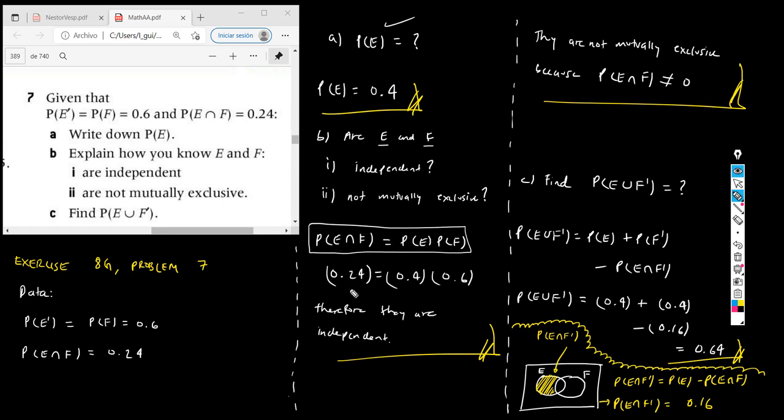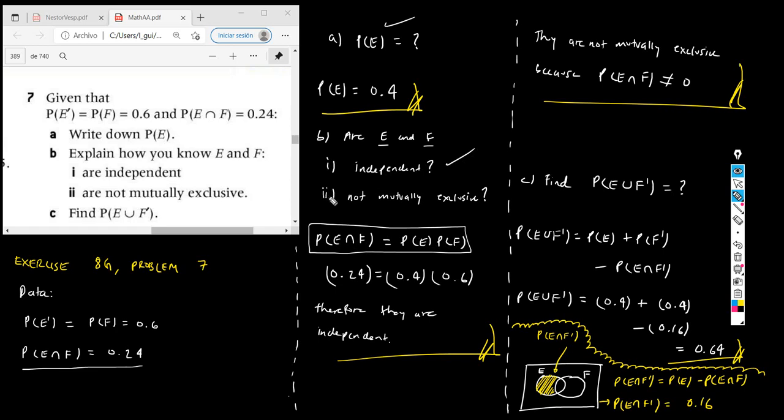The probability of the intersection is 0.24 as specified right here. And then the probability of E, we just found it. The probability of F is given here. And that's it, right? This equation is true. Therefore, E and F are independent.